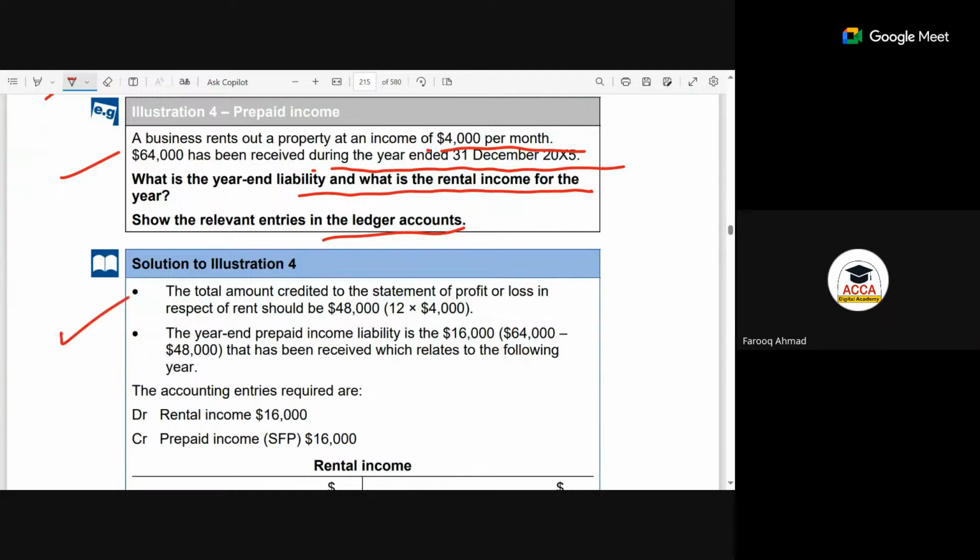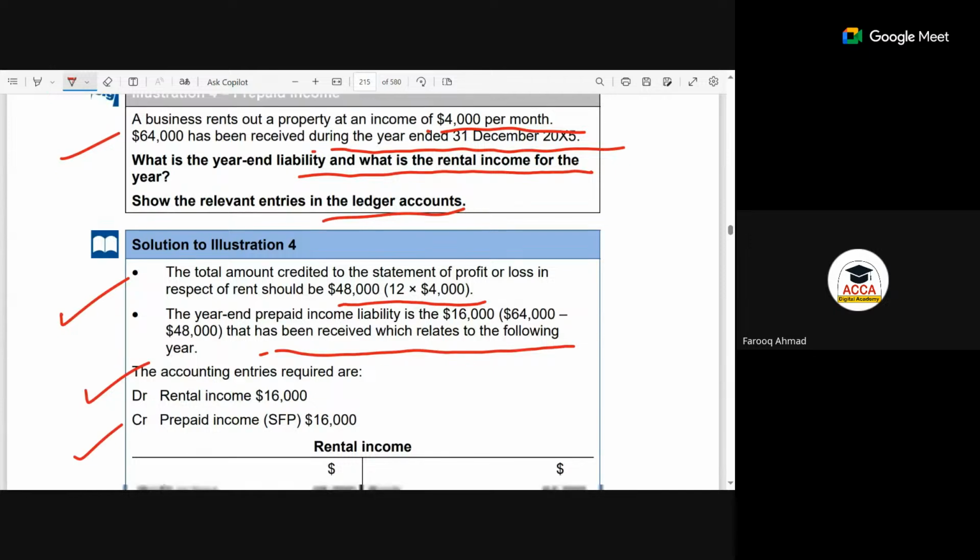Total income credited to the statement of profit or loss is 48,000. The year-end prepaid liability is 16,000, which is 64,000 minus 48,000, received relating to the following year. Rent income is 48,000 and prepaid income of 16,000 is credited.